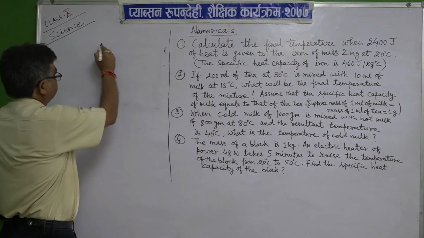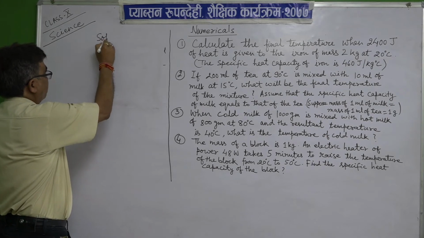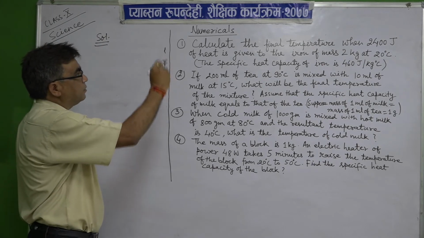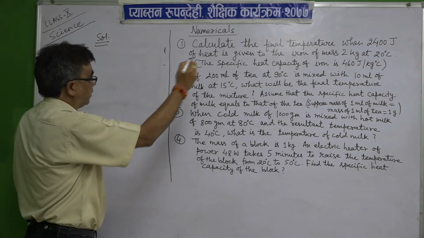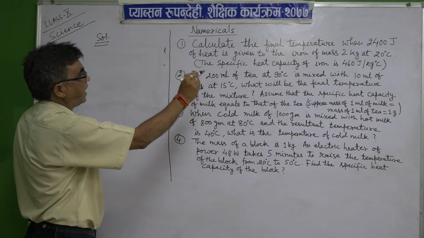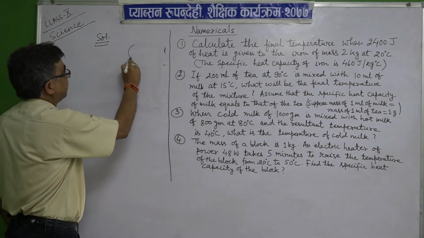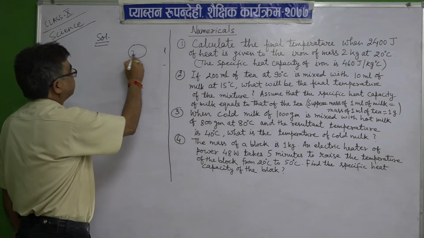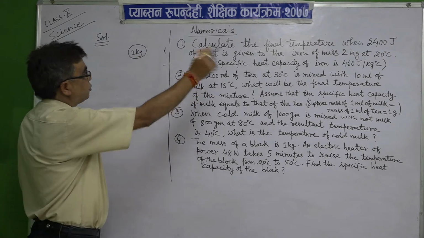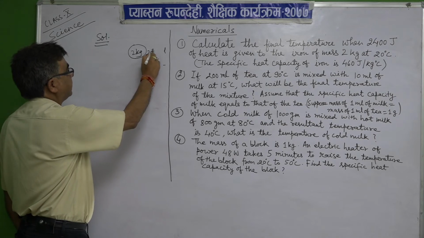I am going to do the solution for number 1. This is the iron mass, its mass is 2 kg, and it is at 20 degree centigrade.